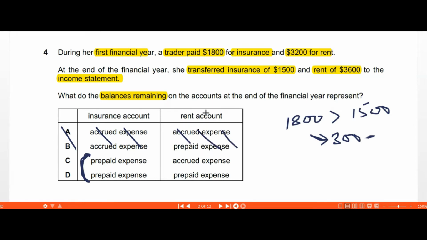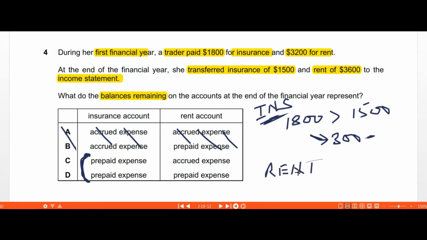Now looking at the second one, rent, again an expense. The amount that was paid for the year was 3200, and at the year end this amount is actually recorded in the income statement as 3600, right?